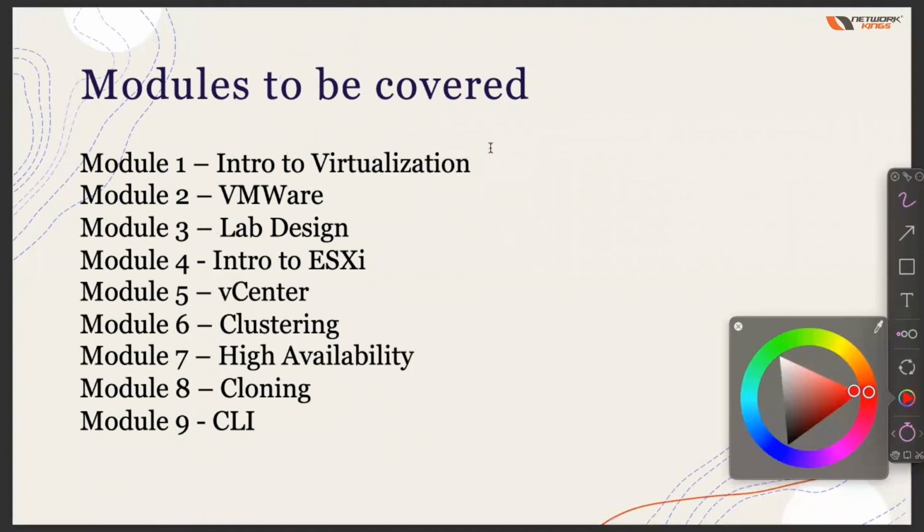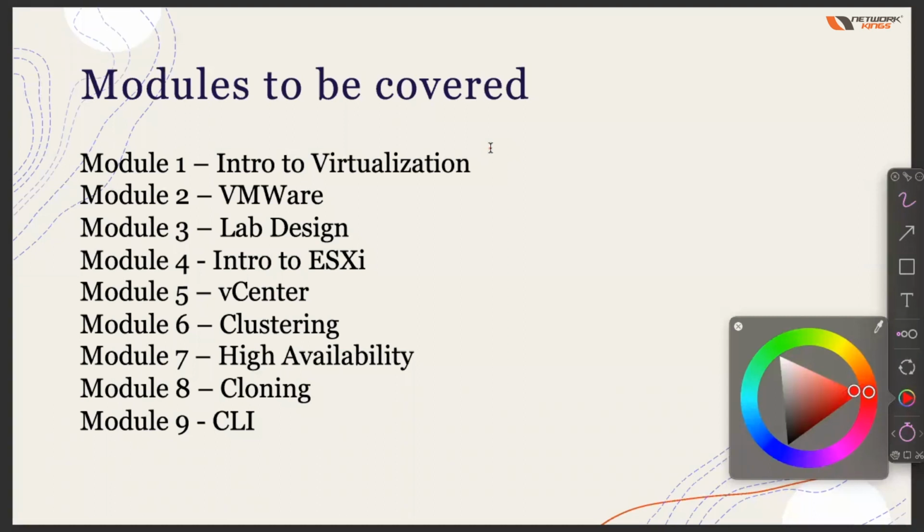Then comes the category of enterprise hypervisors. And you must have worked with one of them, that is Hyper-V. Hyper-V actually is installed on hardware, not on the operating system. So if you think that Hyper-V comes with Windows 10 Pro, no, it actually makes use of the kernel, okay?